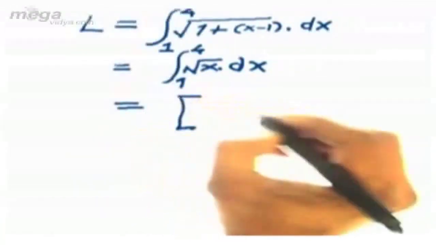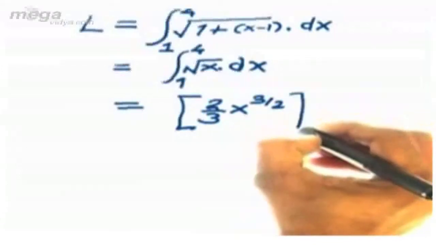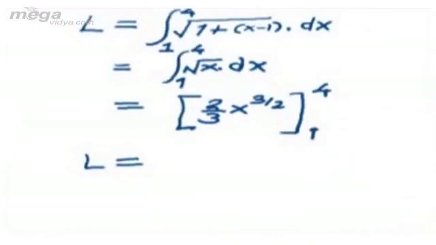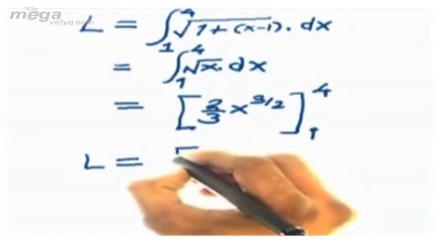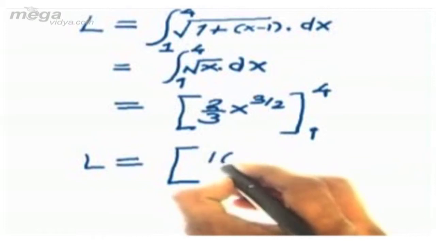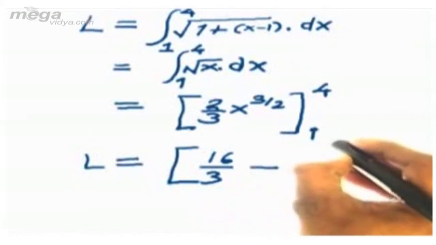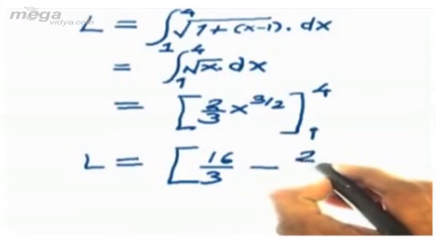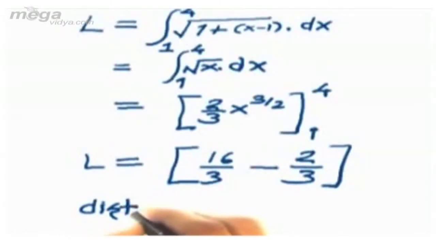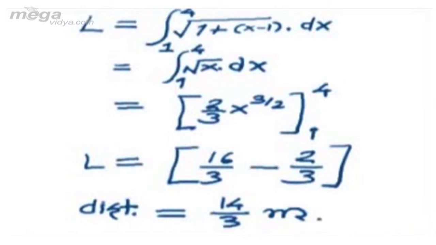The result is 2 by 3 x to the power 3 by 2 from 1 to 4. By putting in the limits, if we put x equal to 4, it comes out to be 8, so 8 times 2 by 3 becomes 16 by 3, minus, when we put x equal to 1, 2 upon 3. So the final answer for the distance between A and B is 14 upon 3 meter.